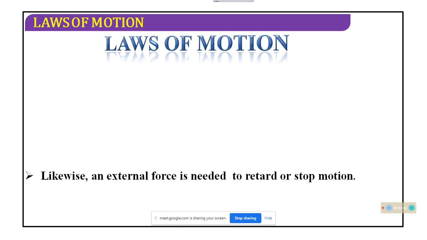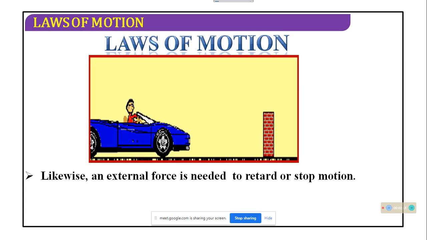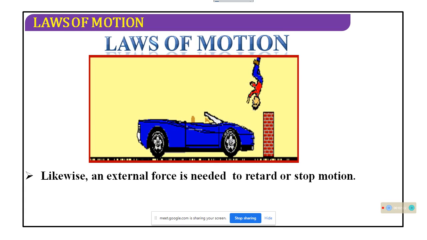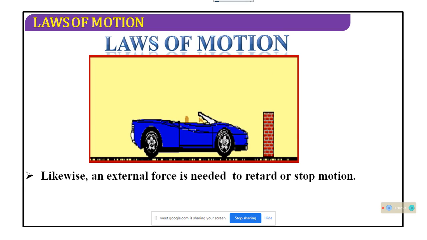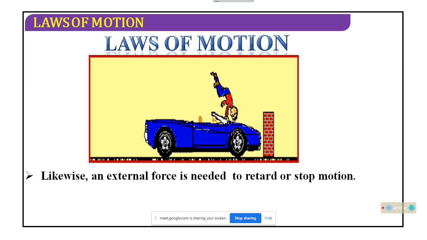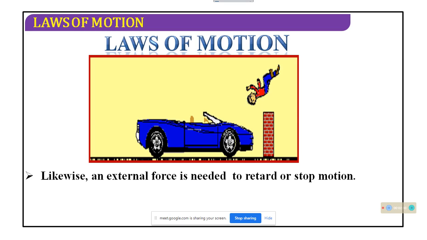Same as, if we want to stop a body which is in motion, then we have to give some force. The car is in motion and the car is stopped.